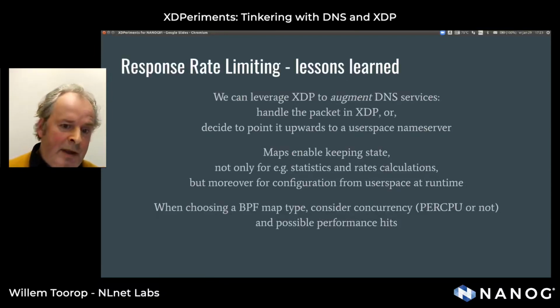In XDP, we can either drop a packet, we can answer it, or we can send it up to the name server. Maps enable keeping state, not only for statistics and rate calculation, but also to configure the prefixes which we did not want to be subject to response rate limiting. There are different kinds of maps for different purposes.